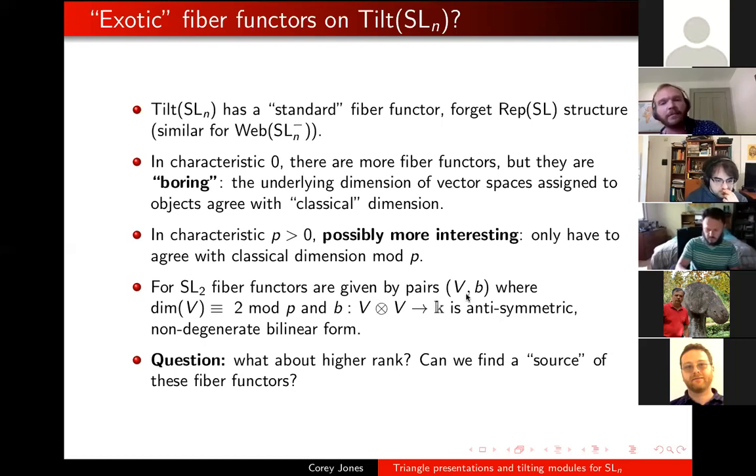And they're exactly vector spaces together with anti-symmetric, non-degenerate bilinear forms whose dimension is 2 evaluated in the field. Okay, great. So these things exist. They're not that interesting for SL2, but somehow that's not surprising. SL2, inside the whole SLN family, is almost too easy in some sense because it's essentially the free category generated by an anti-symmetrically self-dual object of dimension 2.